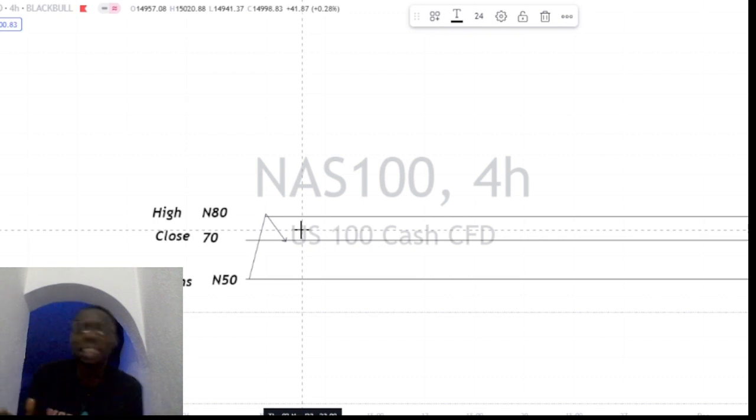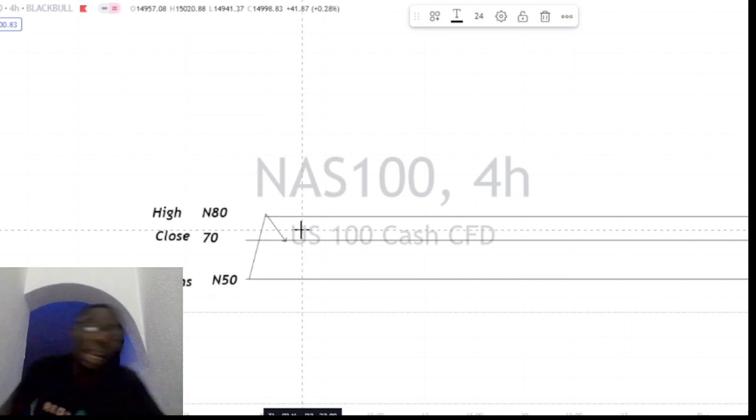So let us do a little mathematics. 50 to 70 is what? 20 difference. But 70 to 80 is a 10 difference. So that means at the end of everything in this particular candlestick formation, the buyers won the battle. Does what I just said make sense to you? So you will see that the buyers are still the final ones in this market.